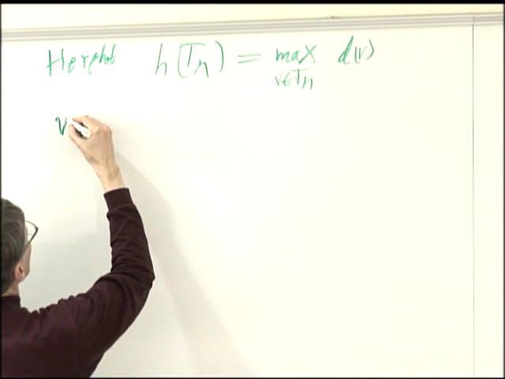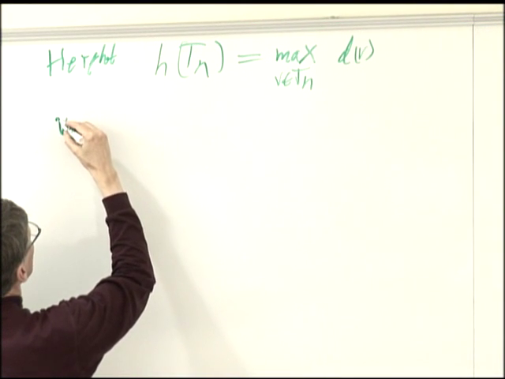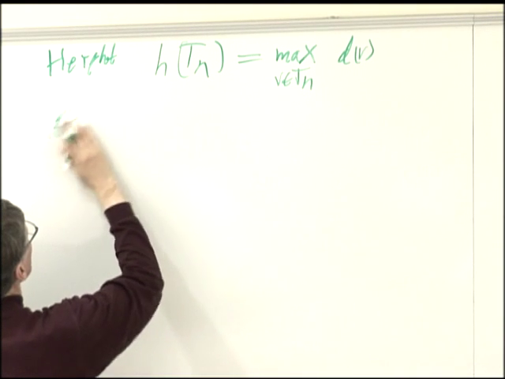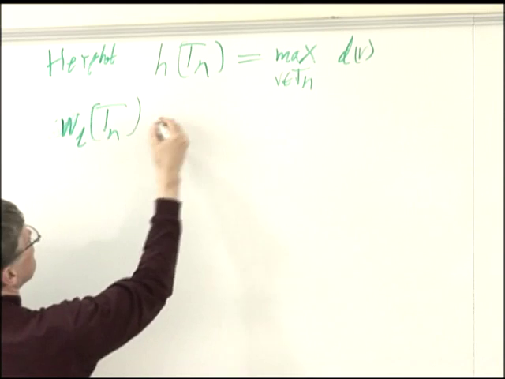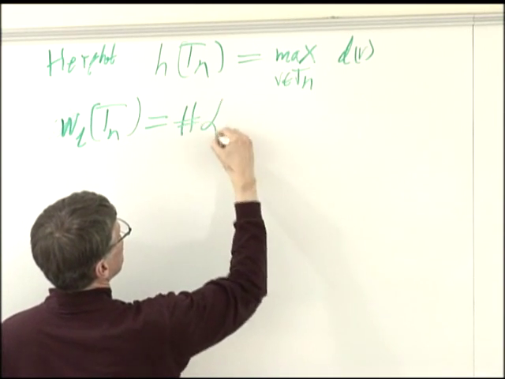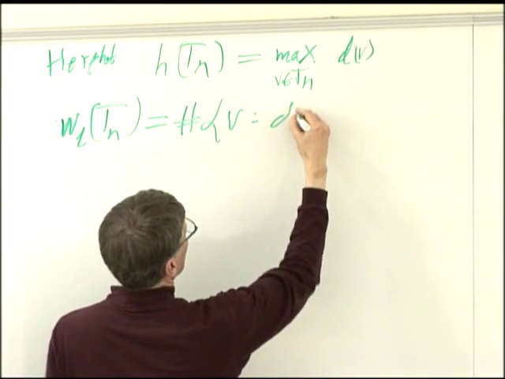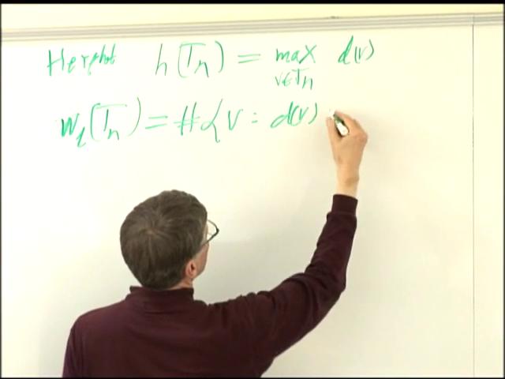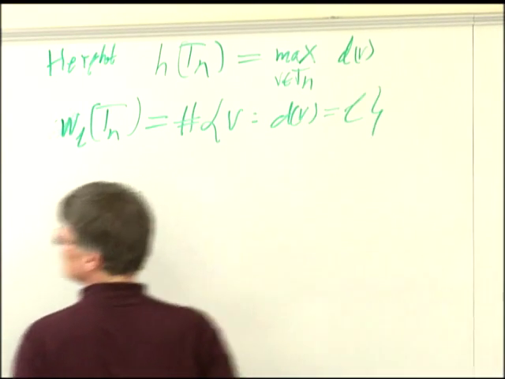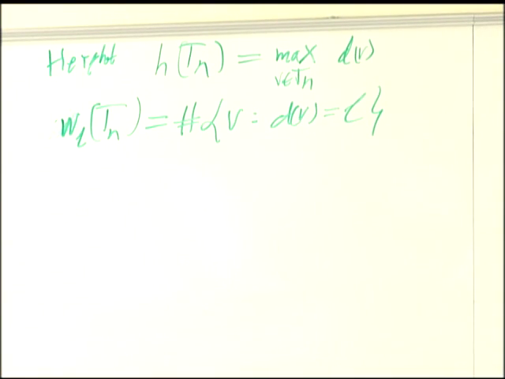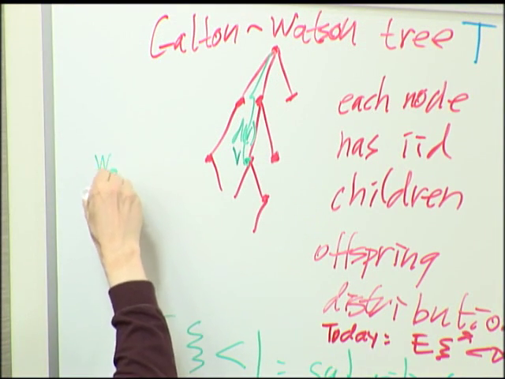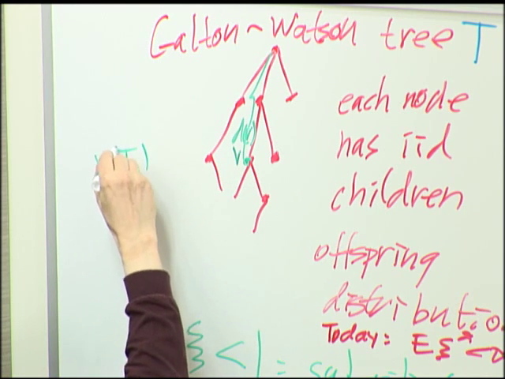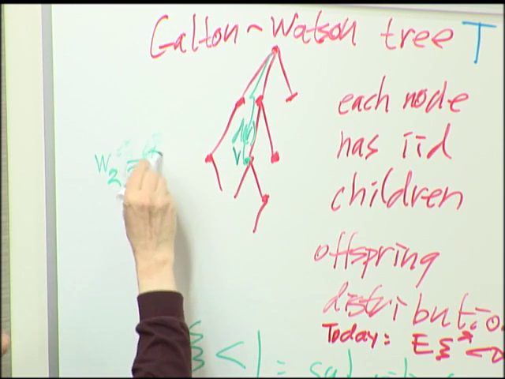And for the width, let me denote the width at a certain level L. W_L of Tn is the number of vertices v that have this distance or depth equal to L. So here, for example, this must be depth 2. W_2 in this case is equal to 3.